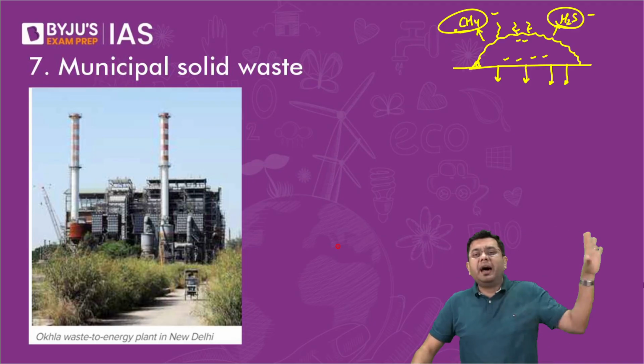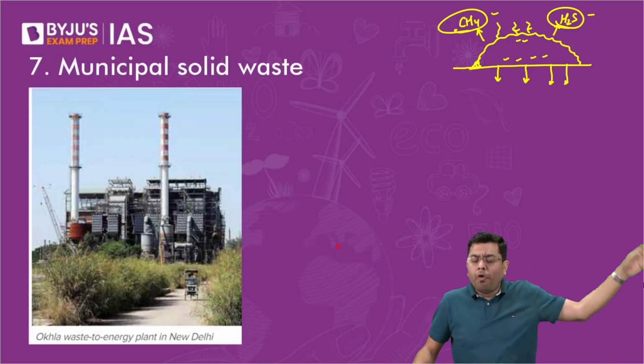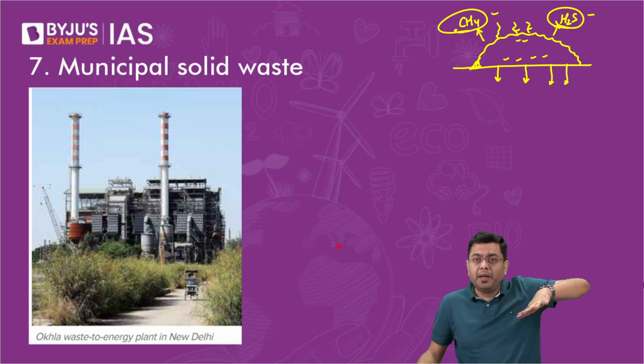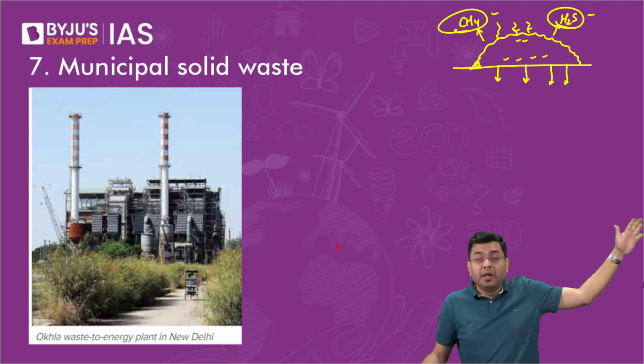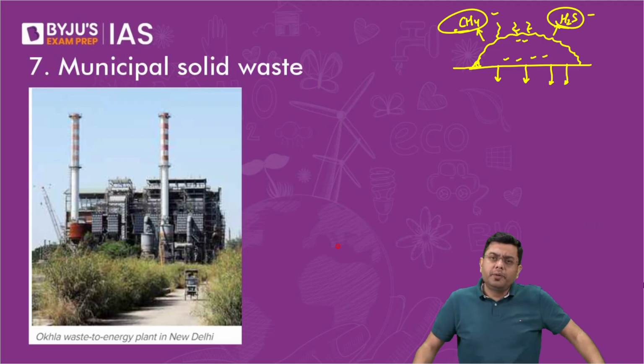You only have dark smoke covering, and you have matter falling on the road surface from the garbage burning which is happening. You will have residues of plastic, residues of leaves flying over with that hot wind and getting deposited. So when that burns, it creates a huge issue.